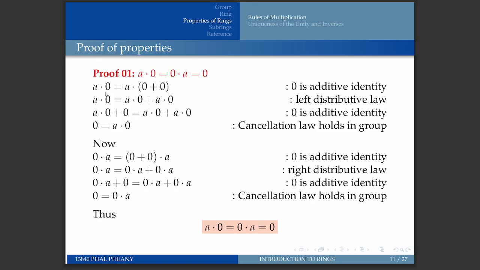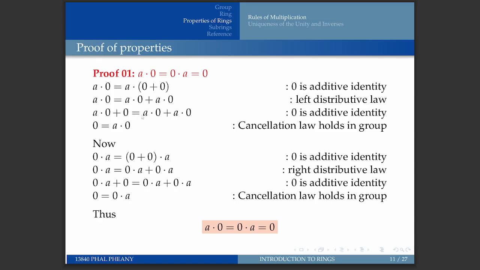So 0 plus 0 equals 0. We can write a times 0 equals a times (0 plus 0). Now using the left distributive law, we multiply a with both of them, and we get a times 0 plus a times 0. Now we get a times 0 equals a times 0 plus a times 0.